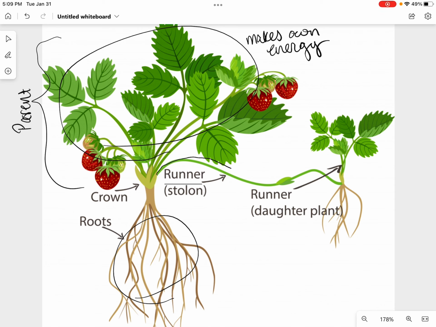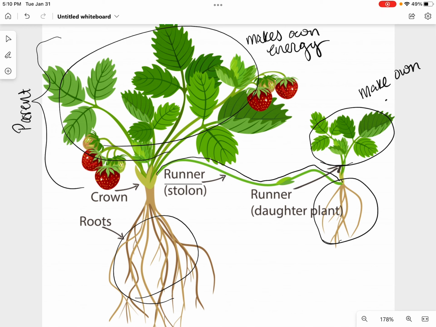So this runner comes out, it grows out from the parent, and then it establishes itself by developing a root system and leaves. Now it can make its own energy too. It is no longer at this point dependent on the parent plant, because if we cut this runner, this new plant, this offspring, would be able to continue making its own energy.